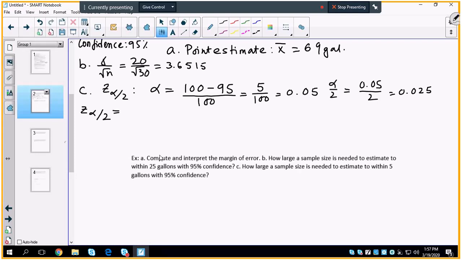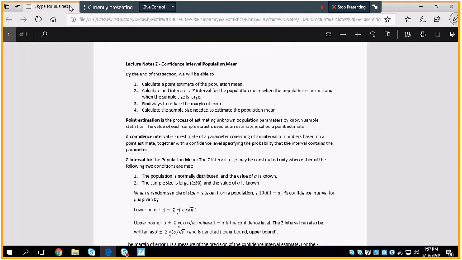So let's see how much is the Z alpha over 2 value. If it helps, draw the little curve of yours, and you say that I want to find this thing so that the left area is alpha over 2, which we found as 0.025. So we're finding the area 0.025 from the standard normal table.